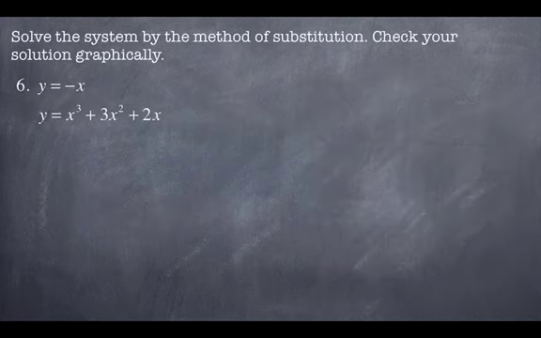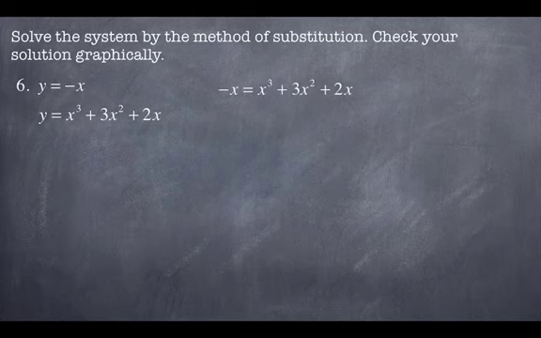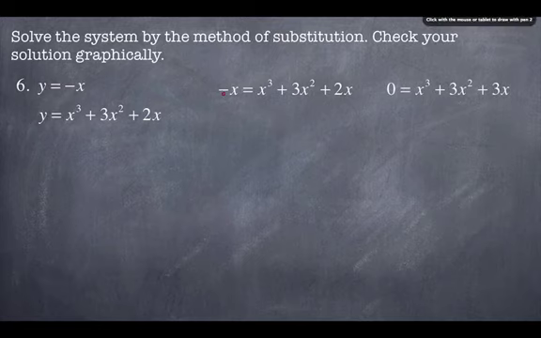Same directions, substitute, set them both equal to each other. You have the following equation, move everything to one side. You can move this -x to this side, or add x to both sides. You get the following. You have this trinomial, common factor of x. You have this.